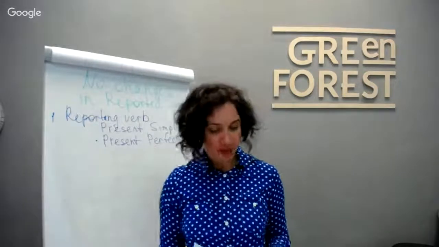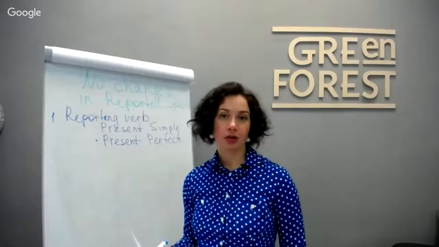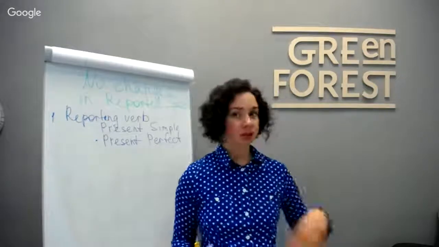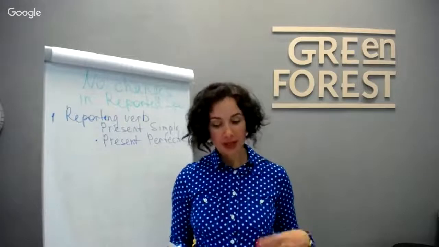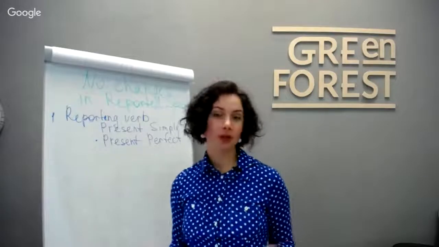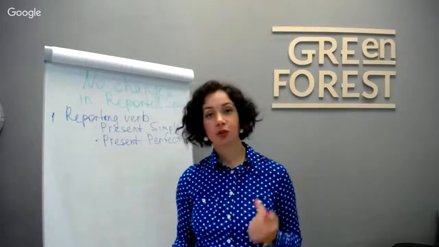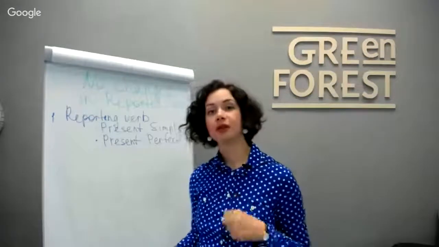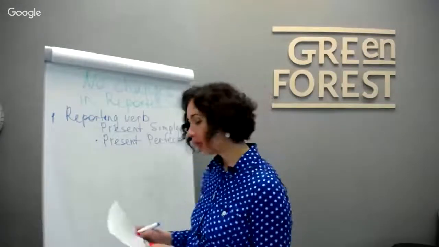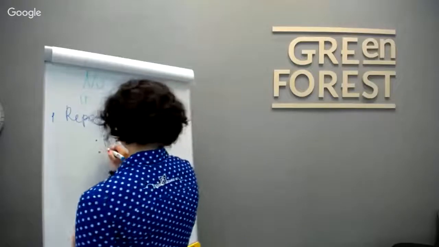For example, scientists have said that the climate will change. "Have said," this is like we report this, and this is present perfect, and that's why we don't change will into would. They have said the climate will change. Or it can also be future simple.